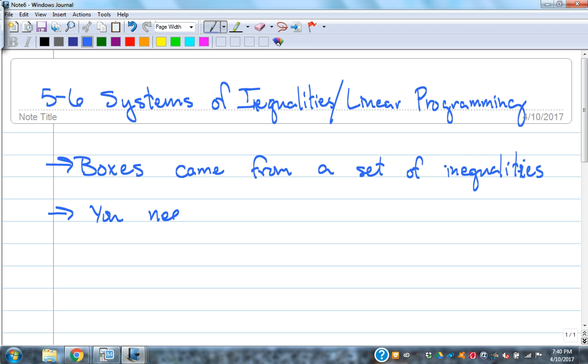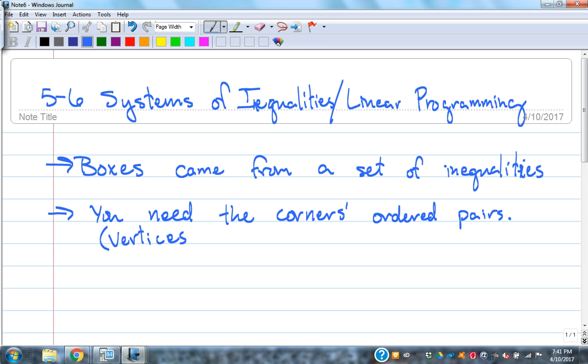You need the corners. Ordered pairs. Another word for those are vertices, a geometry term. Corners of a polygon are called vertices. That's what you need: ordered pairs, X comma Y. You have what's called an objective function.